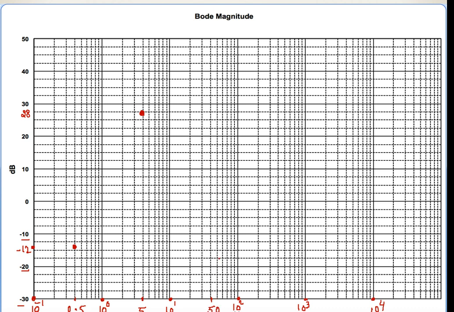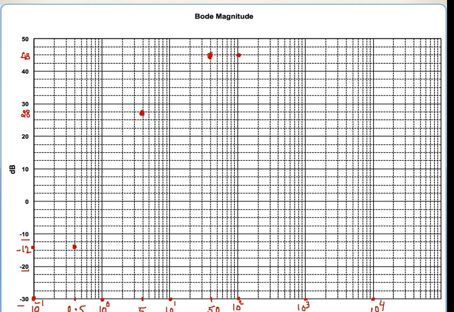When omega equal to 50, the magnitude is 48 decibels. So here we are having the 48 decibels line. This is omega equal to 50. So we are getting the point here. When omega equal to 100, the magnitude is again 48 decibels.